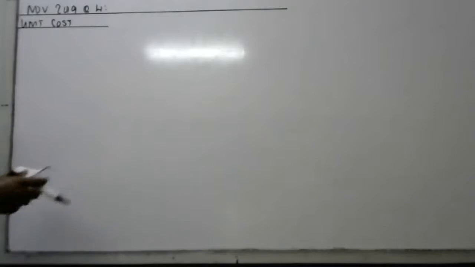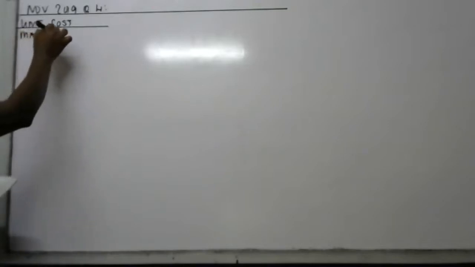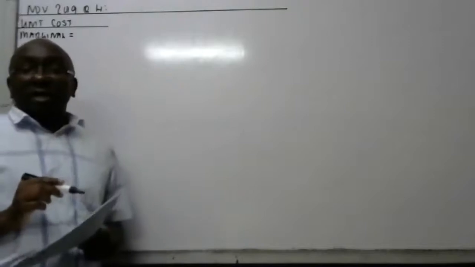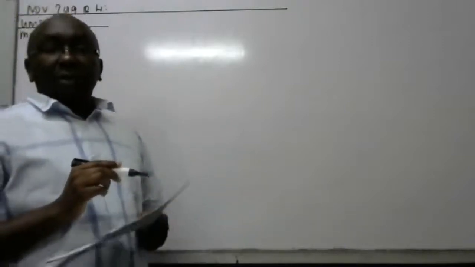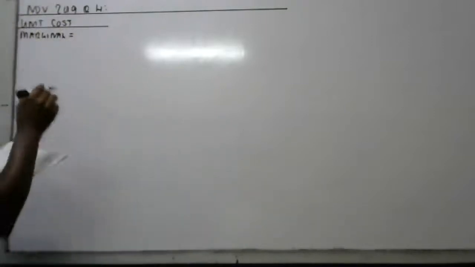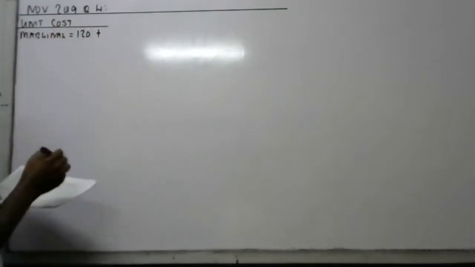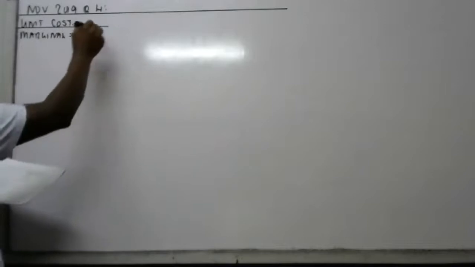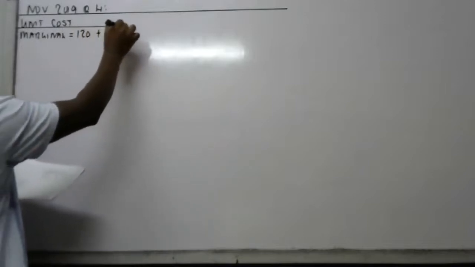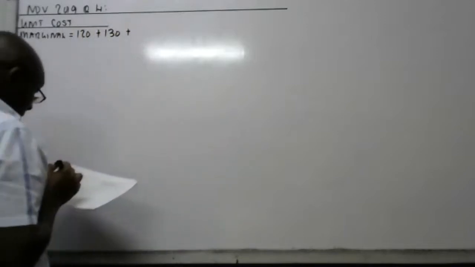So unit costs, we start with the marginal, and we know that marginal, we always bring the variable. So the variable is 120. That is material, the variable production. Then we have 130 for labor.